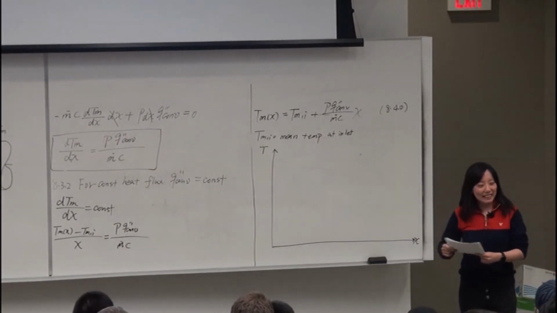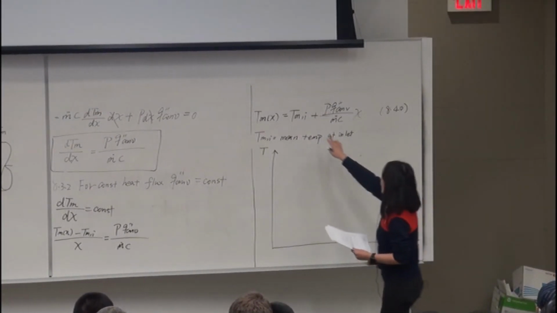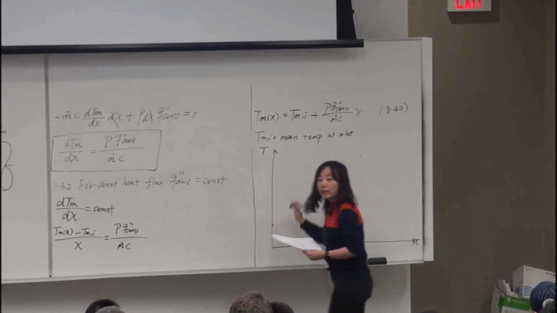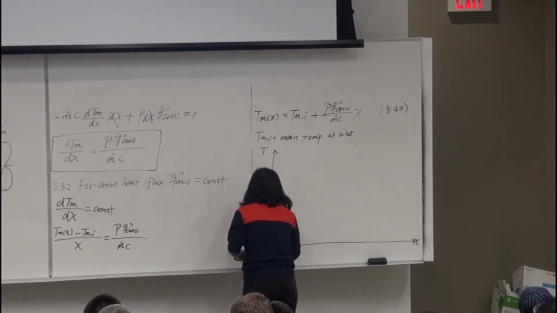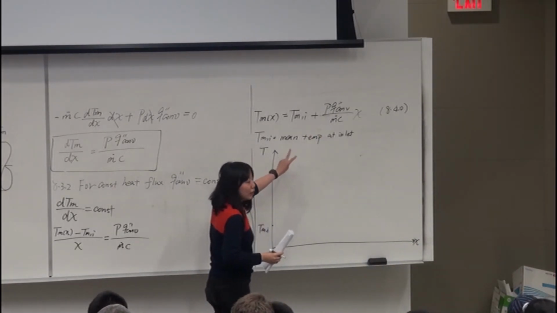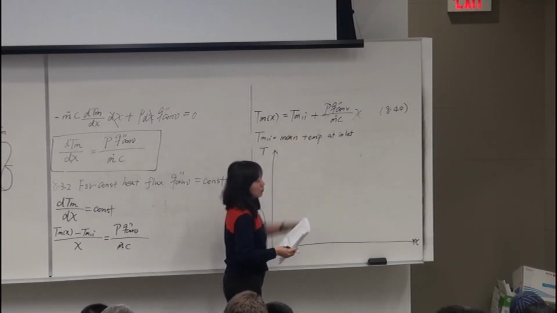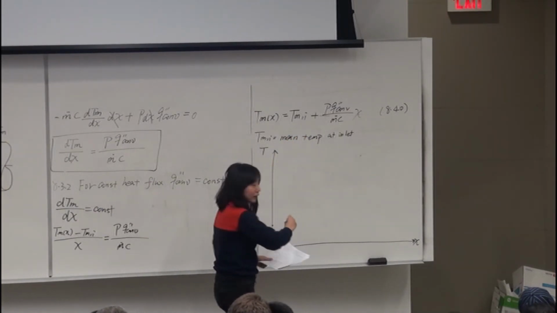We do the mean temperature first. It starts at some initial value, which is the mean temperature at the inlet. And we know under constant surface heat flux, it changes linearly.